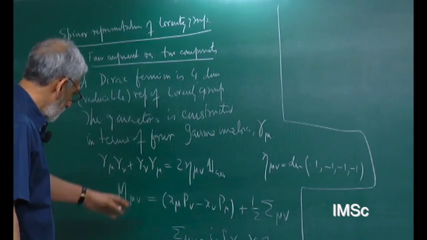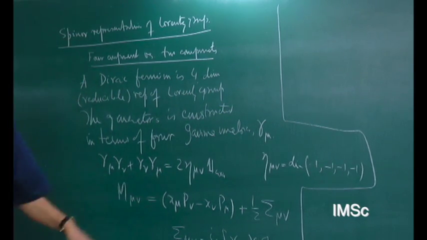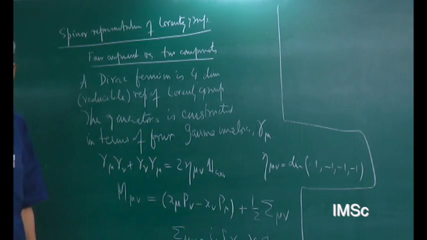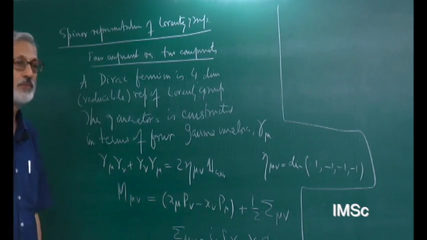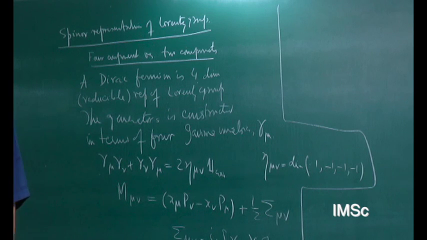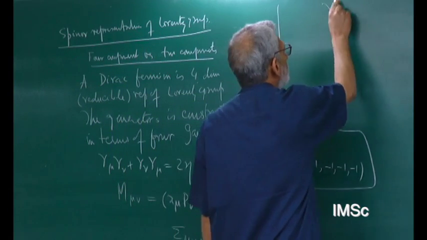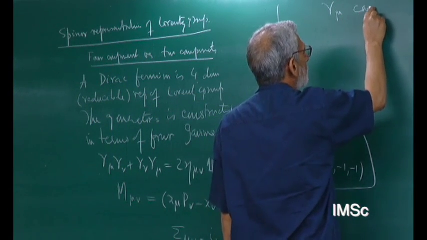Now these gamma mu matrices, 4 cross 4 matrices, which satisfy this algebra, Clifford algebra of gamma matrices, Dirac matrices, can be written in many equivalent representations.